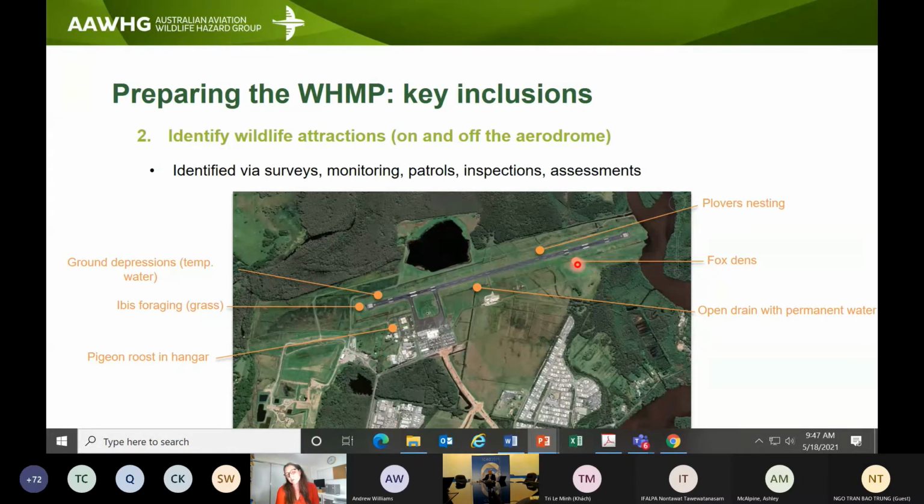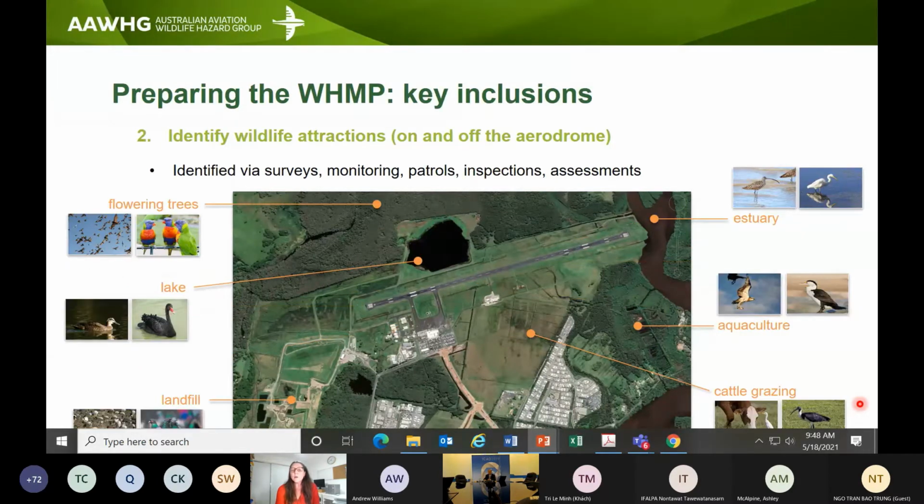And this particular airfield also has an open drain with permanent water that continually attracts water birds like ducks and herons. So this particular airport, through their investigations, could then identify the key wildlife attractions on their airfield, include that in their management plan, and then use that to target their management.